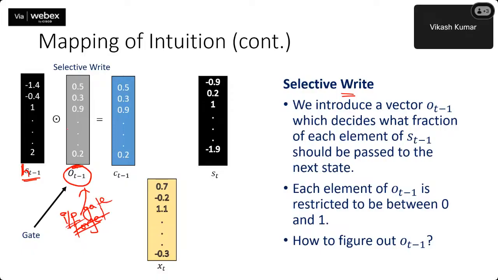So if we apply this input gate, if you can recall the previous part, it was the tanh function that squashed the info into the range of -1 to 1.